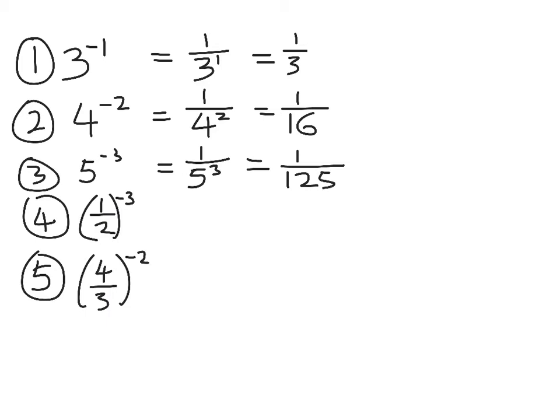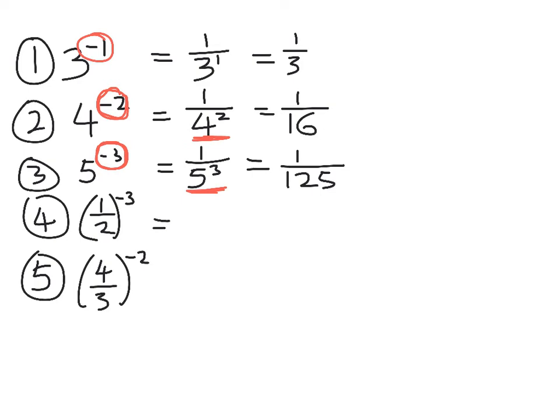So every time we see a negative power, we think 1 over the positive power. Right? So 1 over 3 to the power of 1, 1 over 4 squared, 1 over 5 cubed. So we're going to do the same thing when we hit questions 4 and 5.